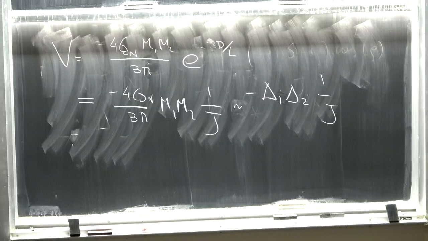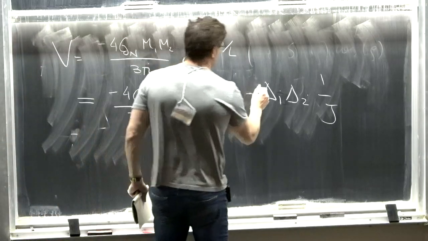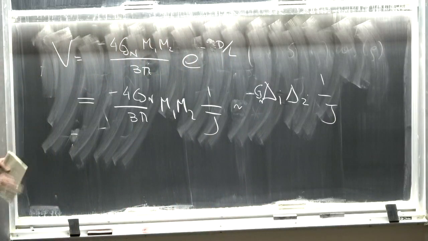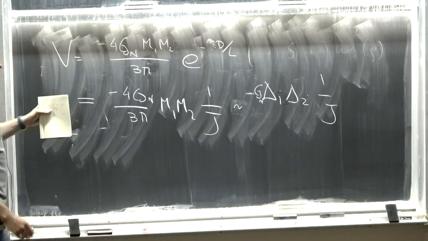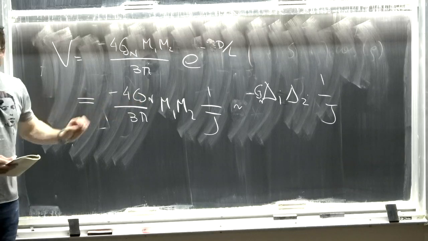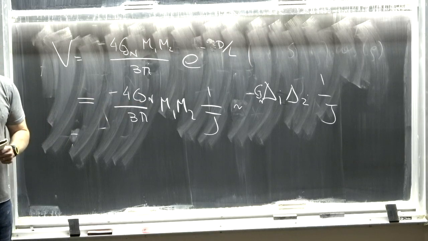I have to just tell you what to do with the gravitational constant G Newton. So I'll do that quickly, maybe slightly for more advanced students. I have to translate the gravitational constant to something measurable on the CFT to write a formula in terms of CFT data. And there is something called a central charge in the CFT.